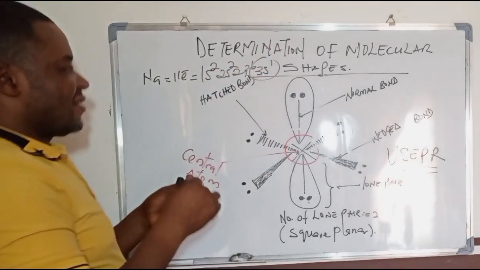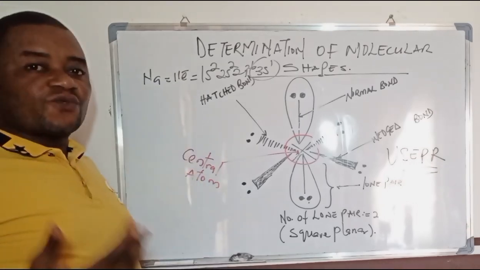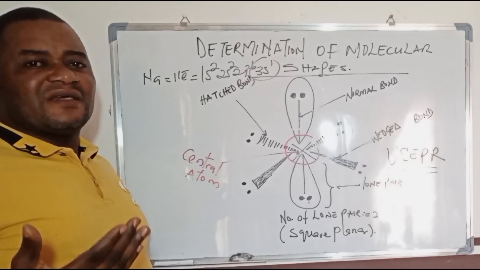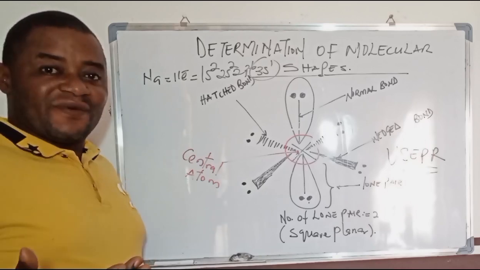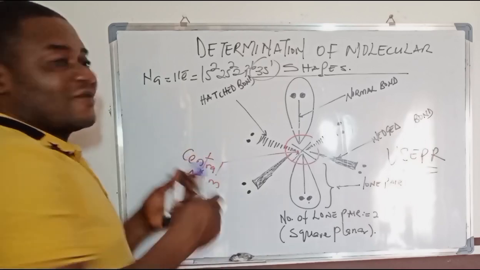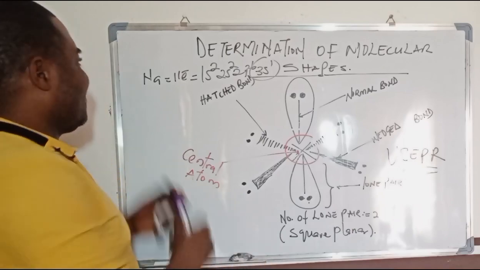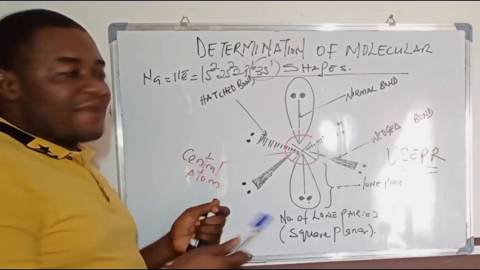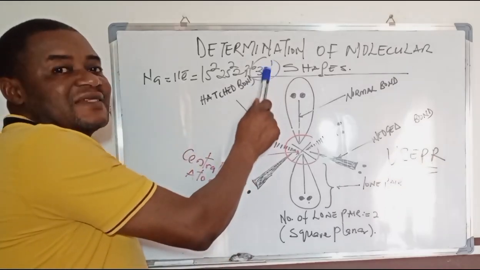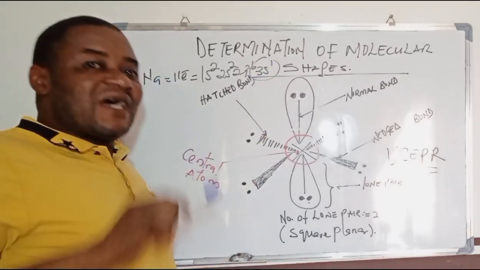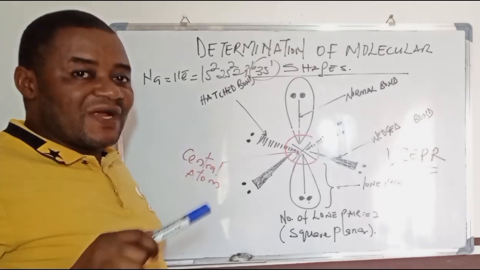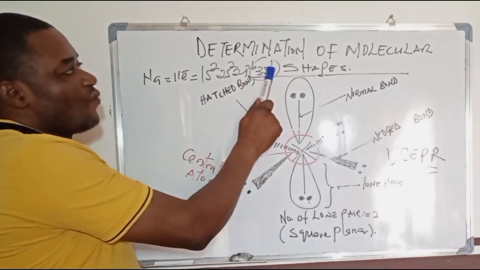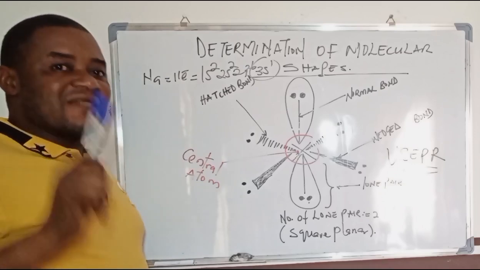That means that for sodium, which perhaps would be the central atom in determining the shape of sodium chloride, for example, once you have identified it, the next step is to know the number of valence electrons at its outer shell. For sodium, it is 1 electron that is a valence electron.